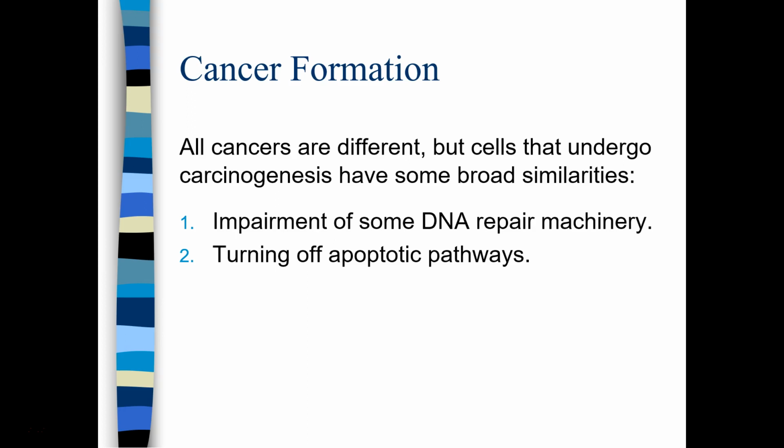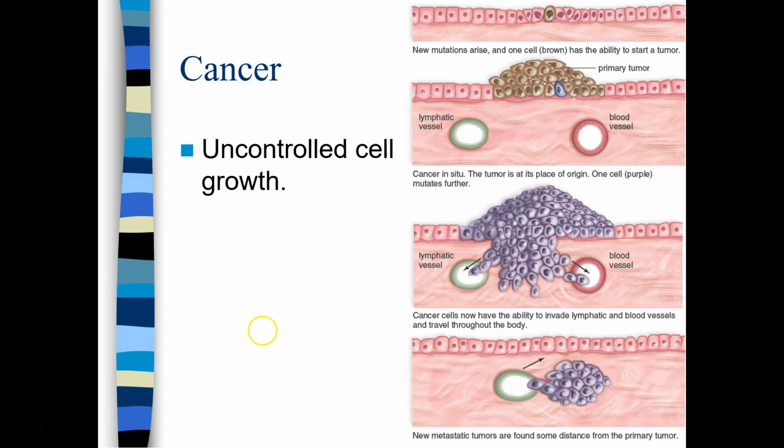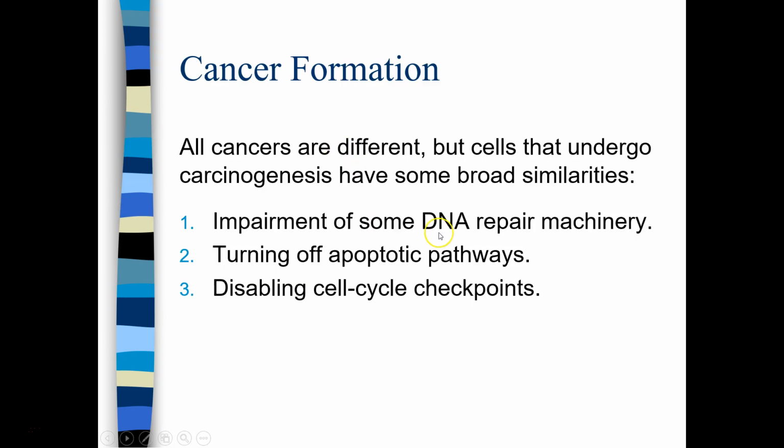Through whatever means, these cancer cells have turned off or impaired or shut down apoptotic pathways, and they have also turned off the cell's ability to check for them, right? Disabling cell cycle checkpoints allows the cell to undergo uncontrolled cell growth.